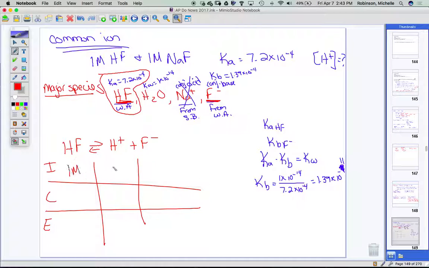HF is 1 molar, H plus is 0, but F minus is what? 1 molar, because we assume that this salt completely dissociates. It's soluble, so it completely dissociates, so it's 1 molar. That's why it's called a common ion problem. You have some ion in solution in common with the acid. So it's still going to shift right.